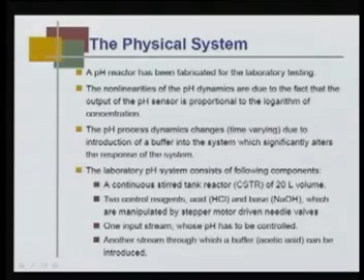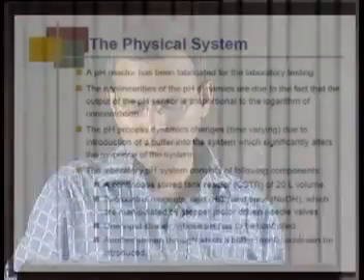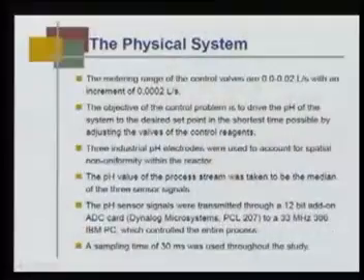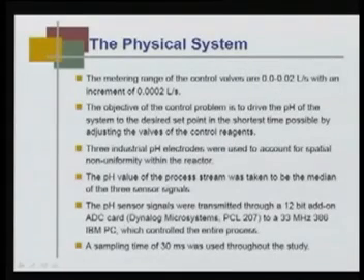There is one input stream whose pH has to be controlled, and another stream through which buffer acetic acid can be introduced. In the physical system, the metering range of the control valves is 0 to 0.02 liter per second with an increment of 0.0002 liter per second.